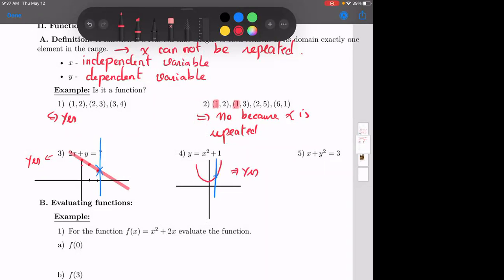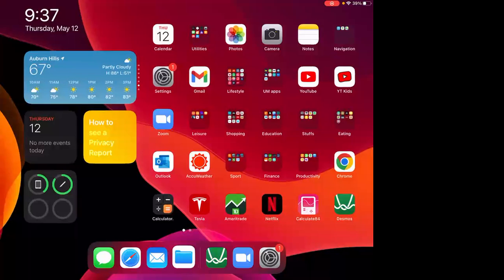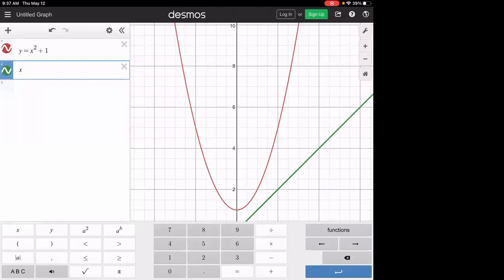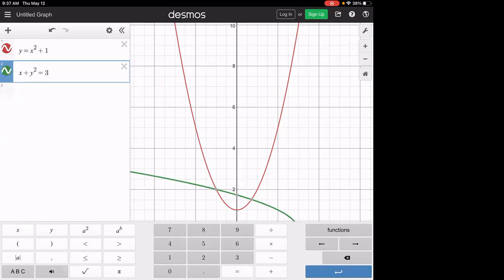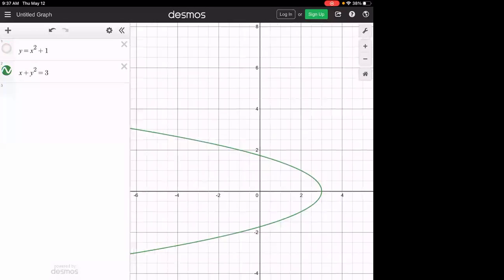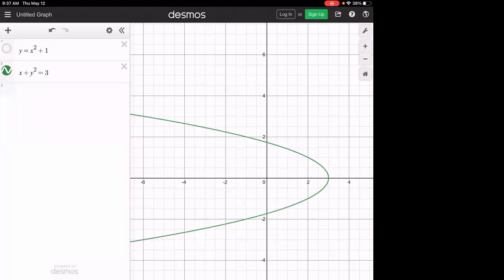What about 5? X plus y squared equals 3. Try this here again. You can tell me right away. X plus y squared equals 3. What do you think? Is it a function? No, right? Let's see.